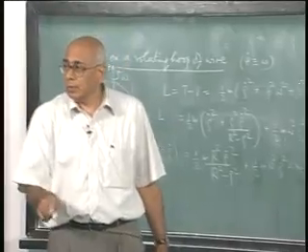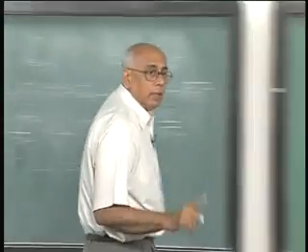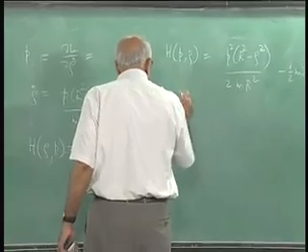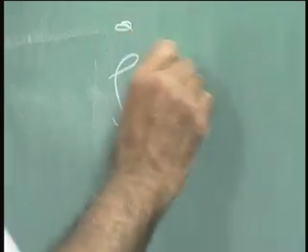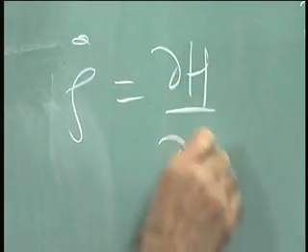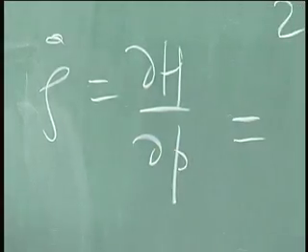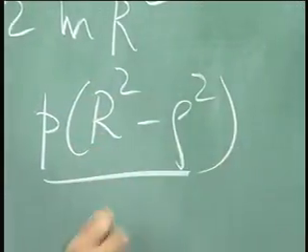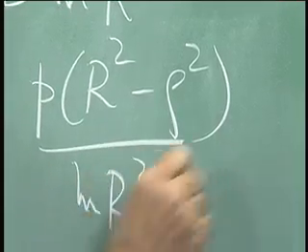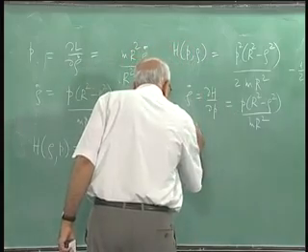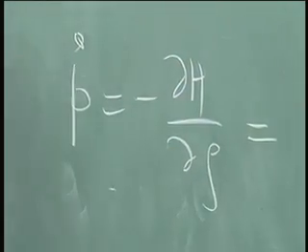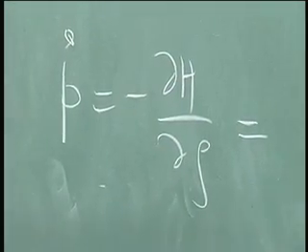Now let us write down the Hamilton equations, and then I am going to leave the rest of it for you to do. So rho dot equal to delta H over delta P, and that is guaranteed to be this, P times r squared minus rho squared, nothing new. But what is P dot? That is minus delta H over delta rho, and now things get interesting.